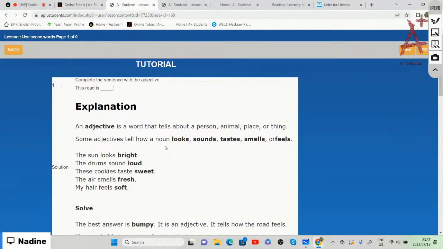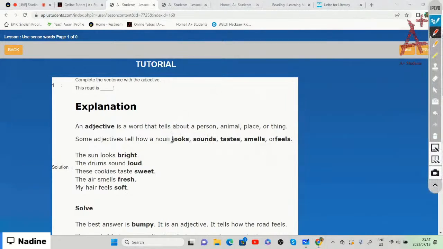So some adjectives, they tell us how a noun looks, sounds, tastes, smells, or feels. And these words, for example look, sound, taste, smell, or feel, these are all sense words, like to do with our senses, right?